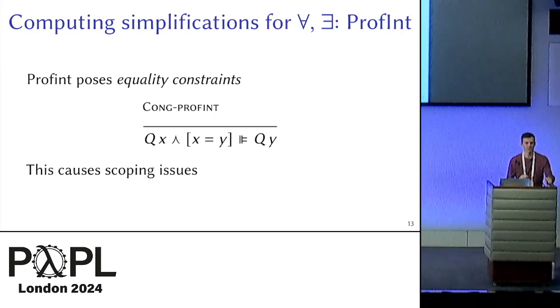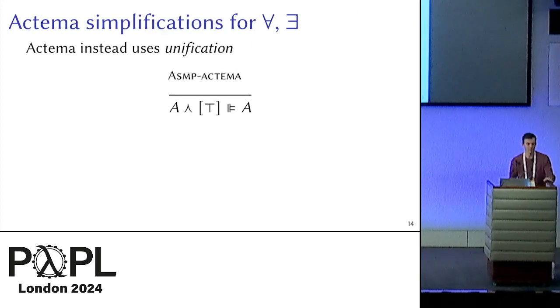So Actima takes a different tack. Actima says, instead of equality, we require these things to be exactly syntactically equal. And it will use unification to deal with existentials. So this works, but you need two additional rules for the quantifiers we saw before.